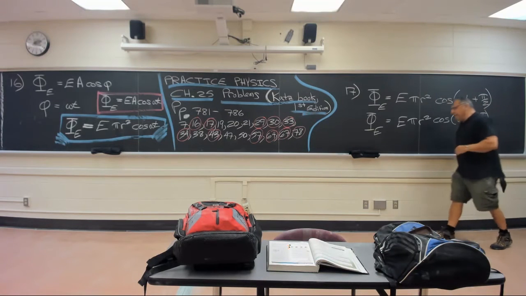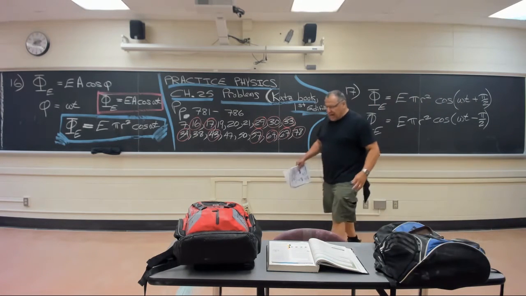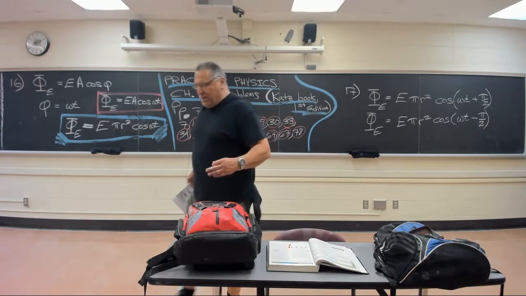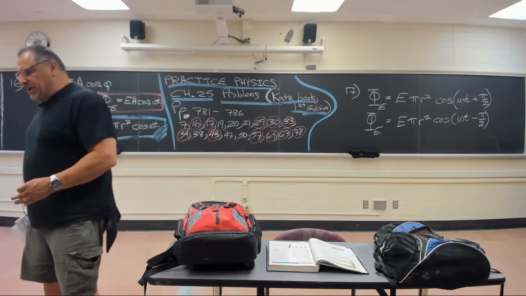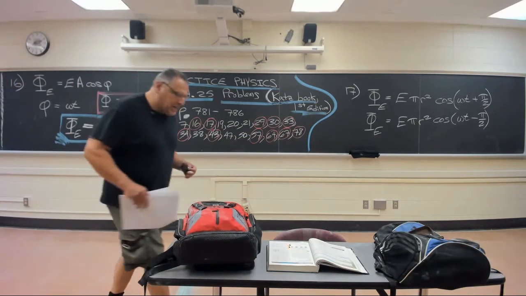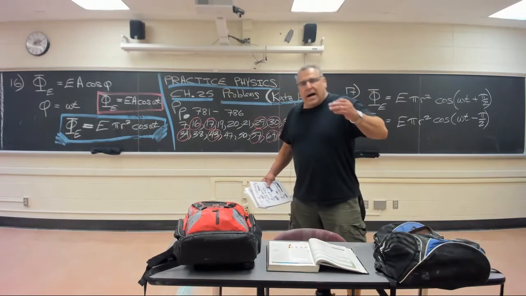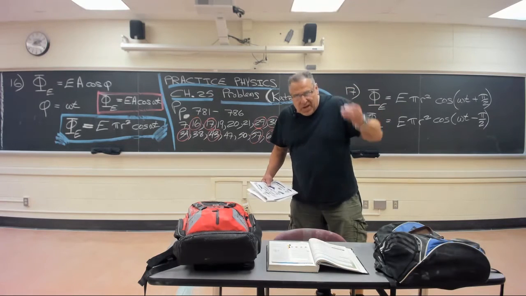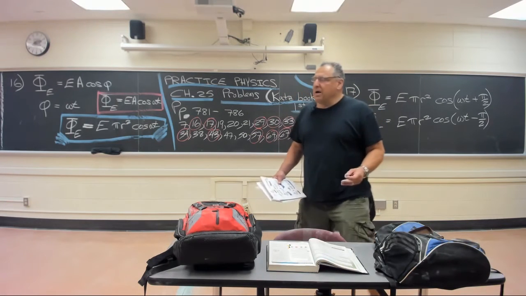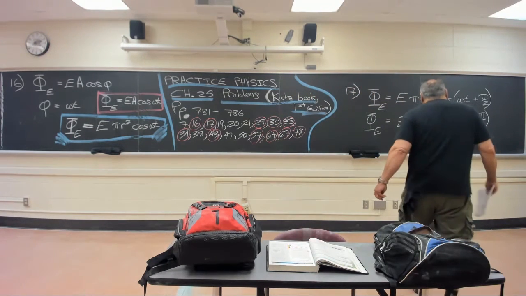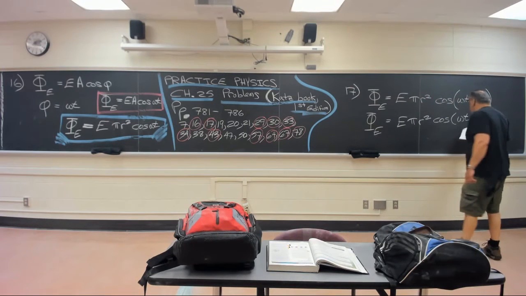If you take the cosine function and either move it forward by 90 degrees or move it backward by 90 degrees, at time t equals 0, you're going to get the answer of 0. At t equals 0, you're going to get the minimum size.